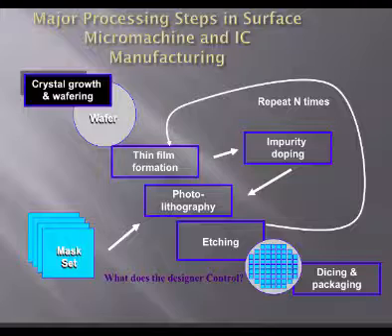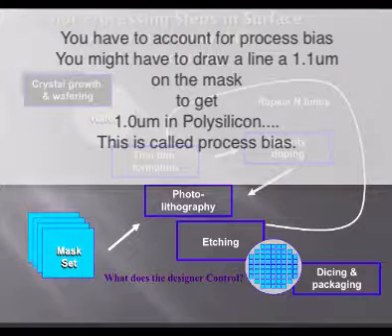Because a lot of times we'll make a mask, we'll draw a 1 micron line on it, but when I print it in photolithography, it's 0.9 microns wide to get the best resolution, right? To get the best line. And that's called a bias.